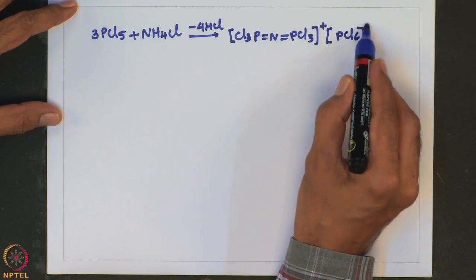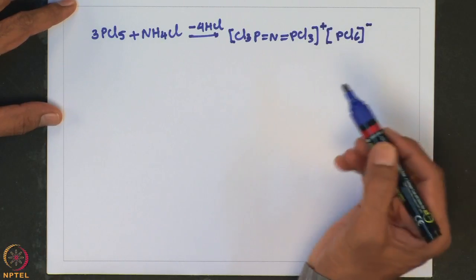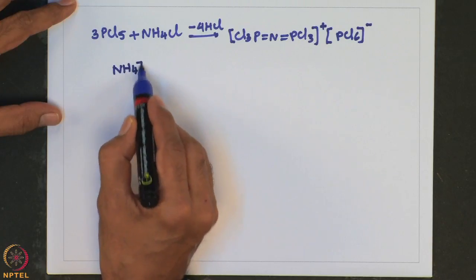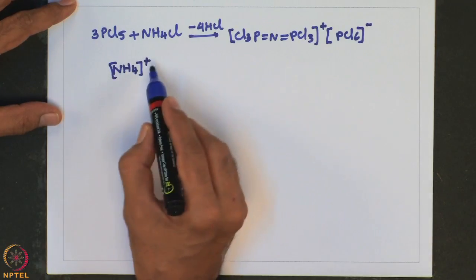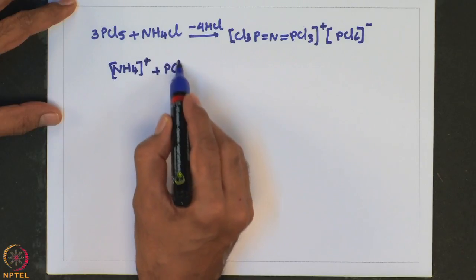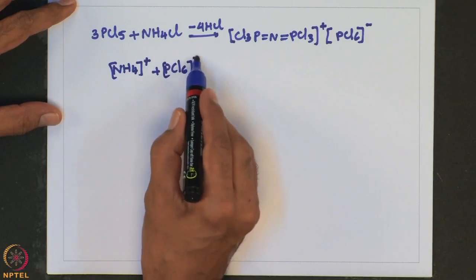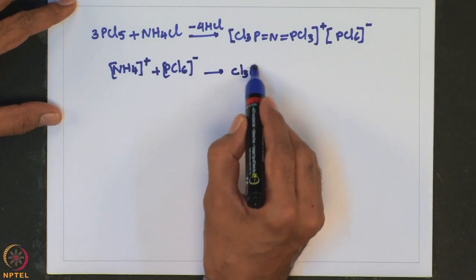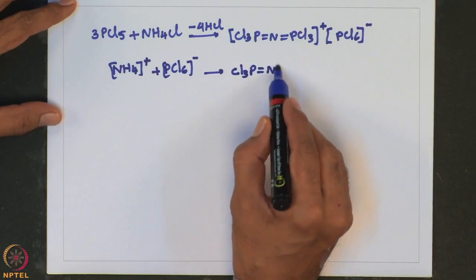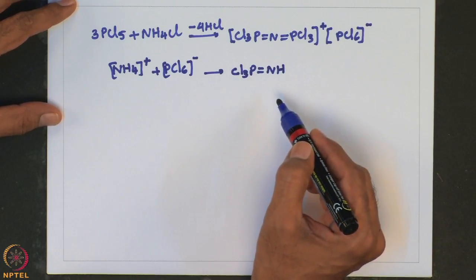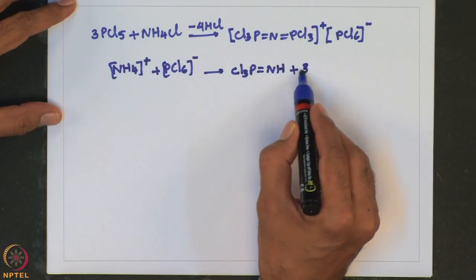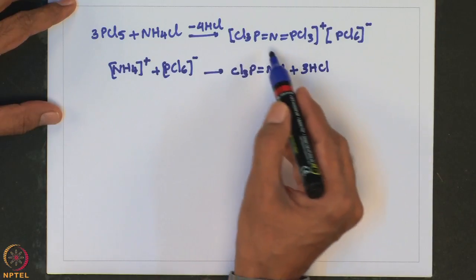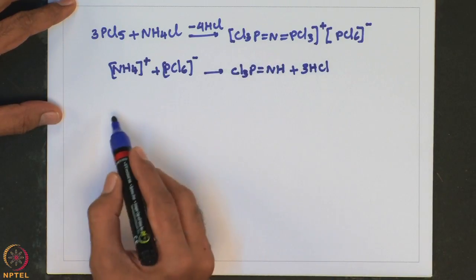Initially, it leads to the formation of an ionic compound of this type, and now this ammonium ion reacts with the PCl6 minus ion to form an imine compound, and this imine further reacts with this intermediate.